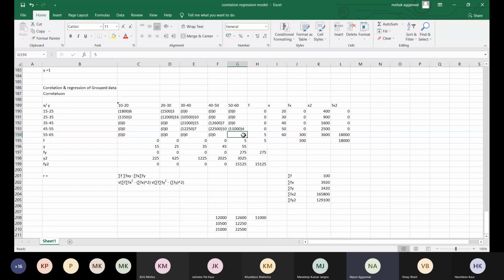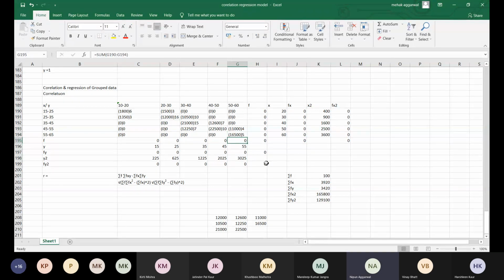And this value comes as, this is 60 into 55. So it is equal to 60 into 55 into 5. So which comes out to be 16500.